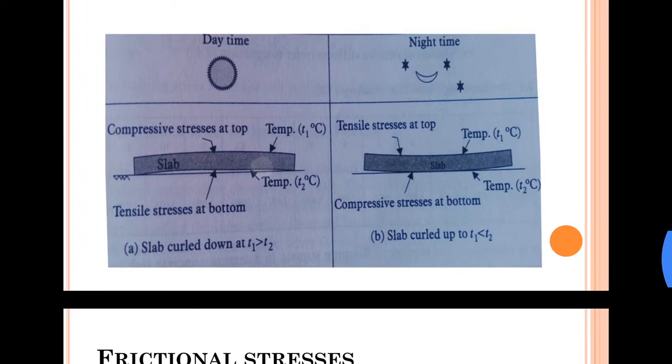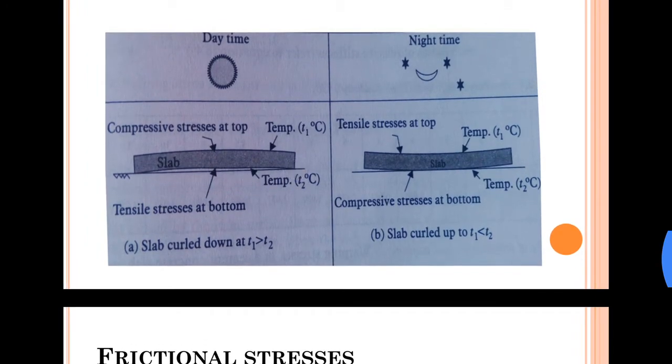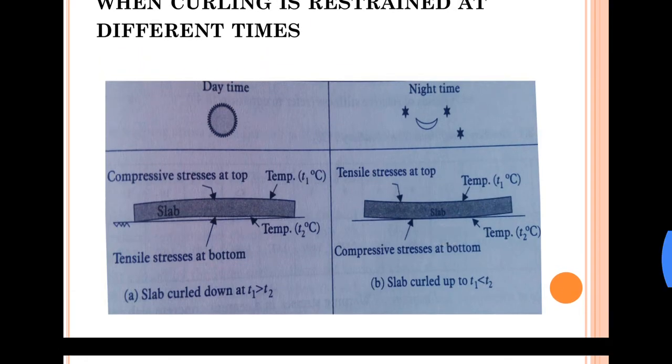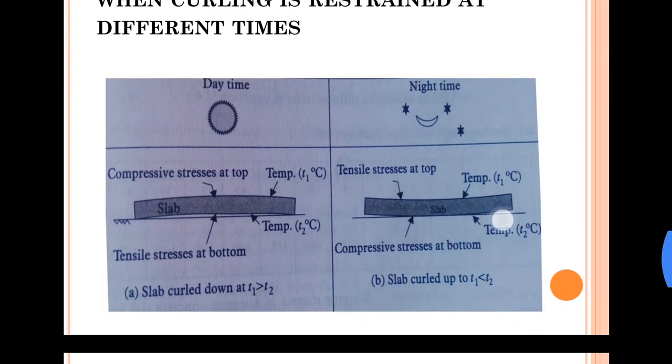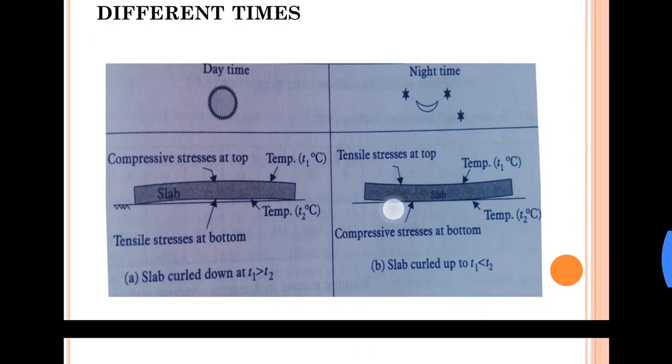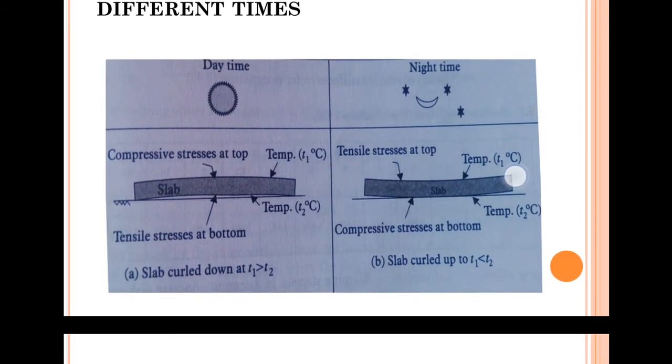This is the shape that you would get if there is no restraint to change in shape. And this is at night time, when the temperatures above are low and temperatures at the bottom are high. So there would be expansion at the bottom and contraction at the top.